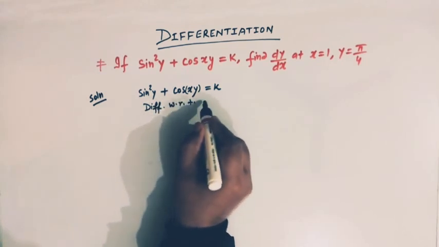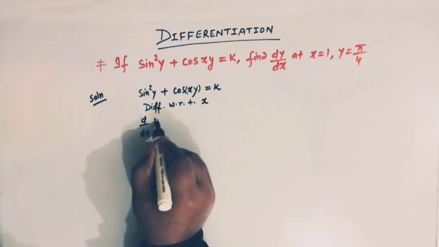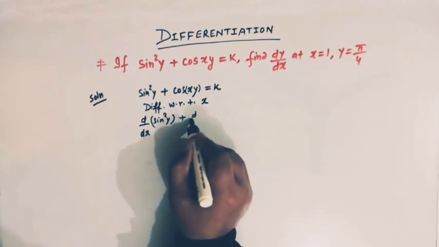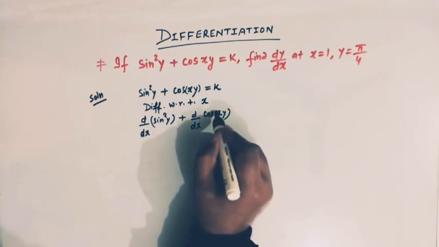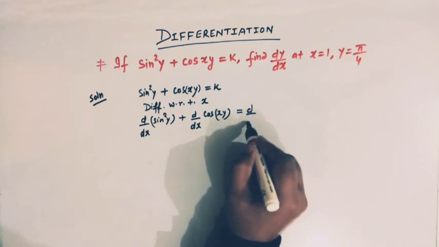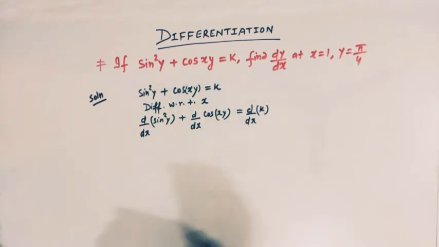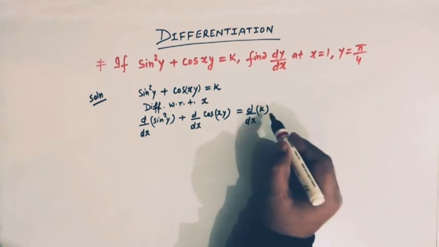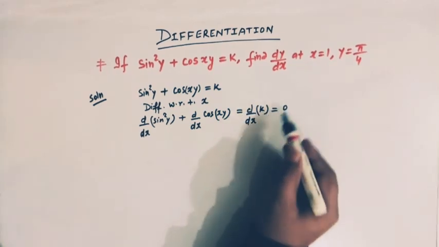With respect to x. So we have d over dx of sin²y, then we have d over dx of cos of xy, and here we have d over dx of k, right? Now we know that the derivative of a constant function is 0, so we have here 0, right?